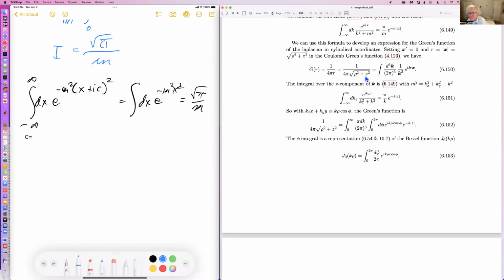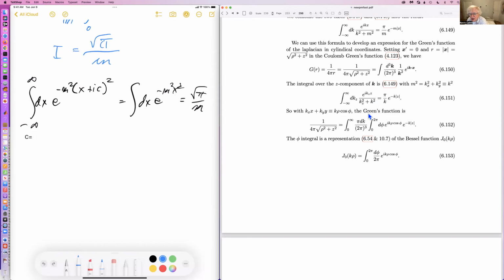If we then write r squared as rho squared plus z squared, so we're in cylindrical coordinates, rho is the distance from the z-axis, and then z squared. We have this expression here, and the integral over the z component is then this expression here, kz squared plus k squared, the radial part.